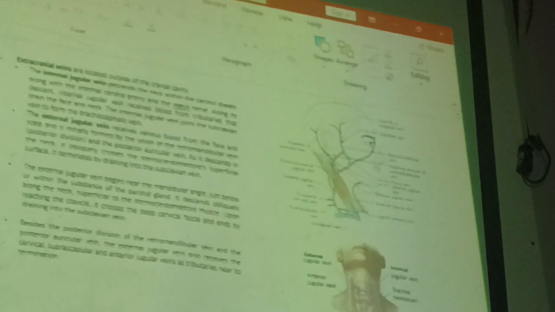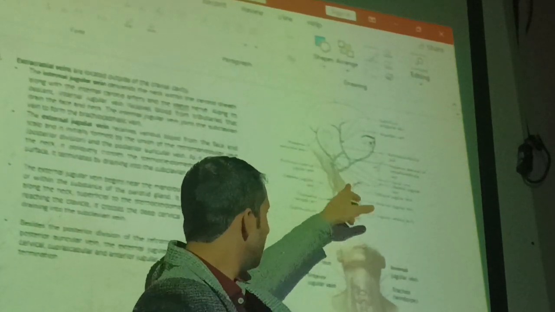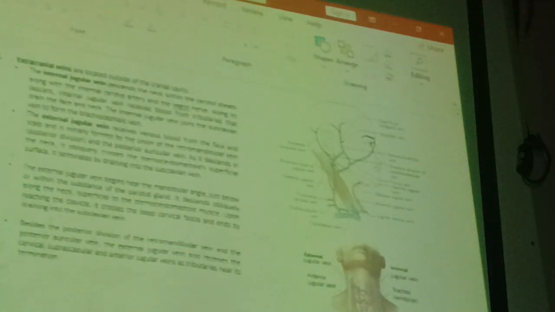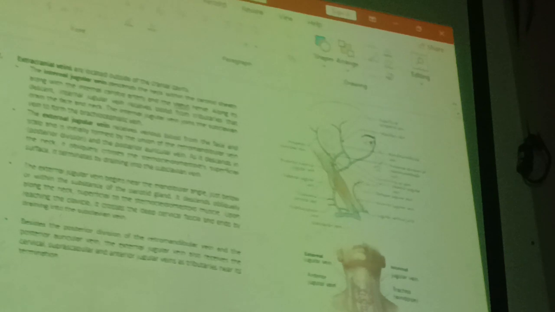Which veins drain to the external jugular vein? Yes, the auricular. At the anterior, we have the anterior jugular vein. We have two anterior jugular veins in every anterior triangle of the neck.